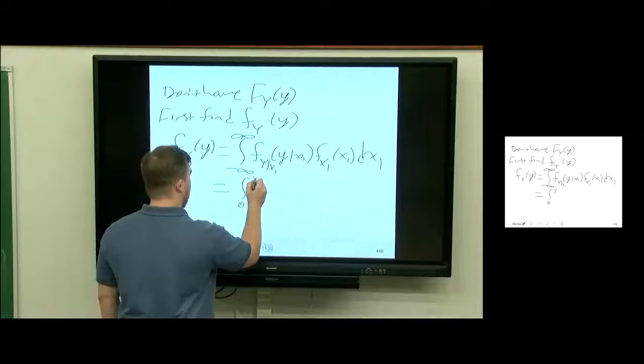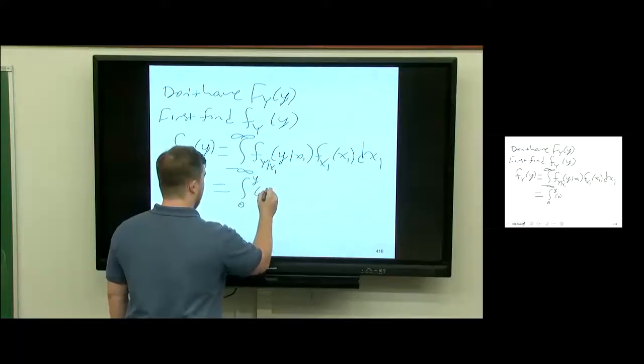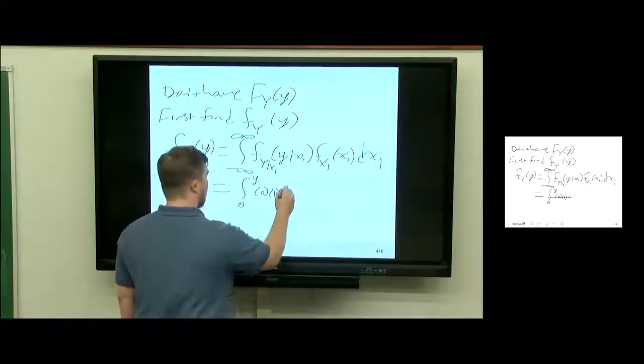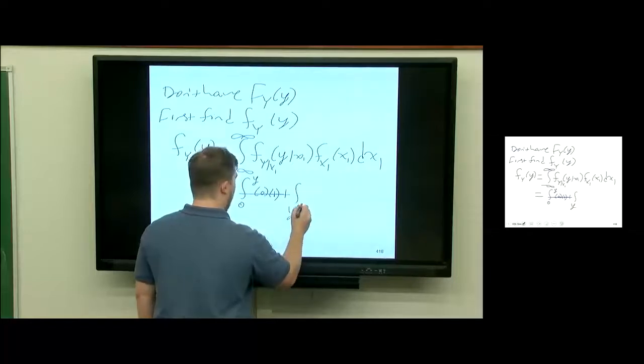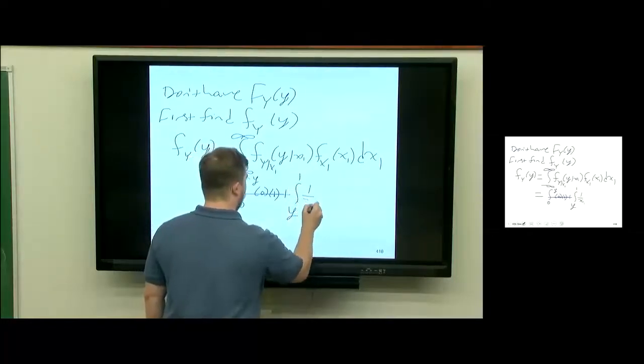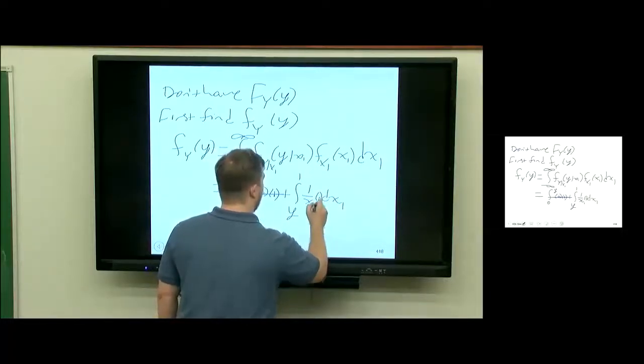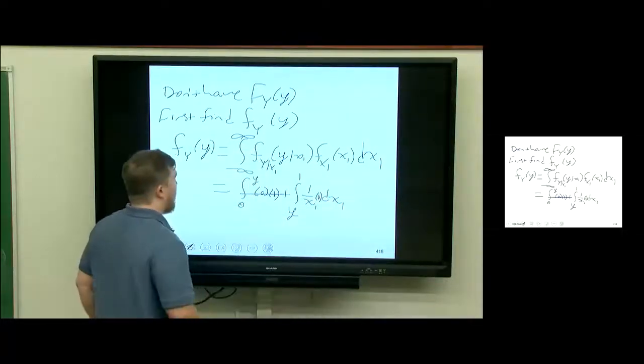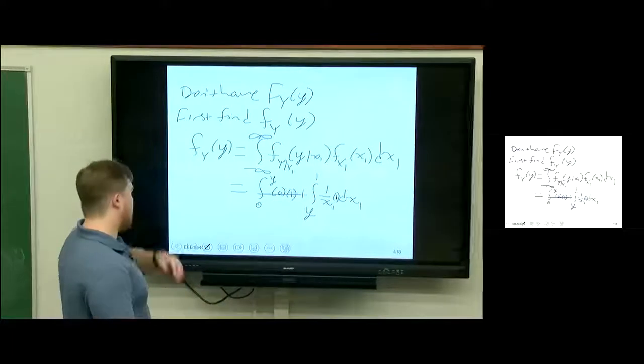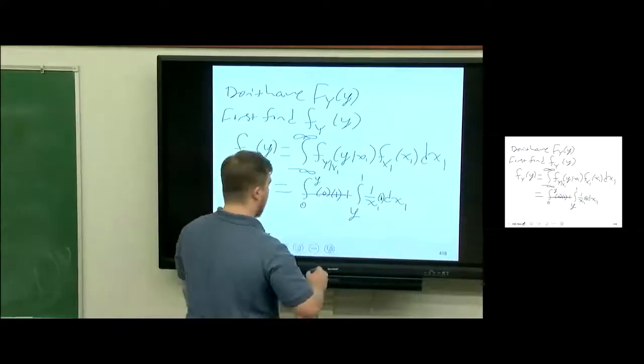We have the integral from 0 to y of 0 times 1, which isn't that interesting, plus the integral from y to 1 of 1 over x1 dx1 times 1. That's just using the definition of the conditional density.